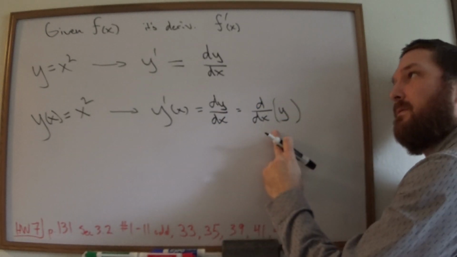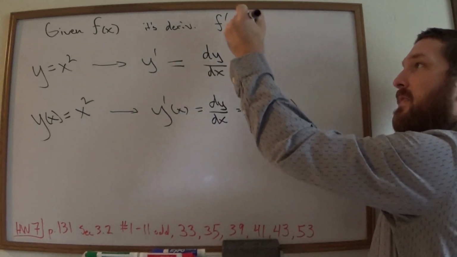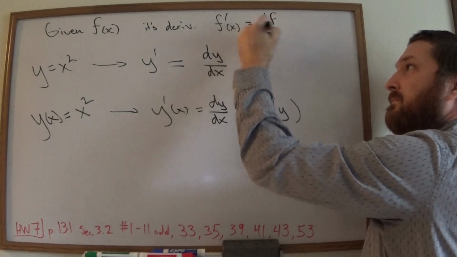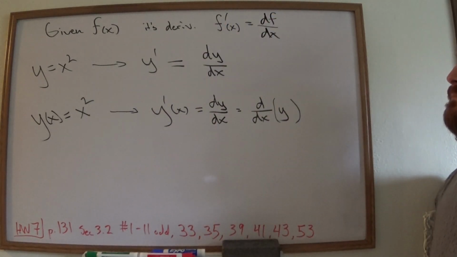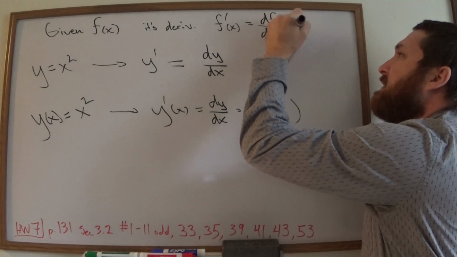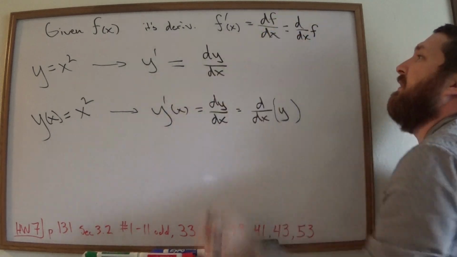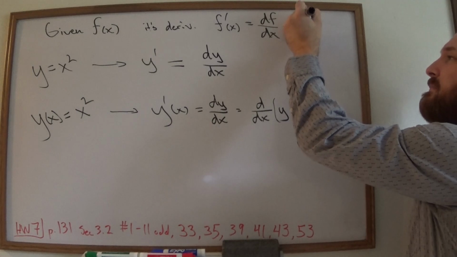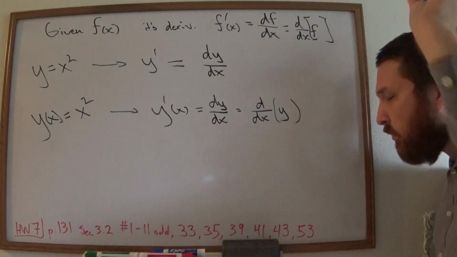We'll come back to this in just a second. This is the same thing as df dx, or d dx f. There may or may not be parentheses there. Sometimes there'll be brackets, whatever.